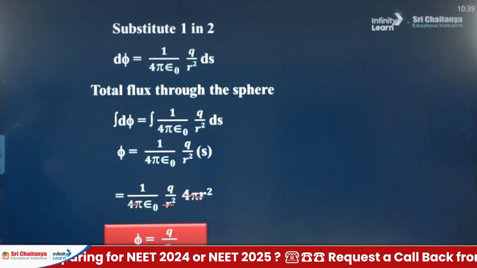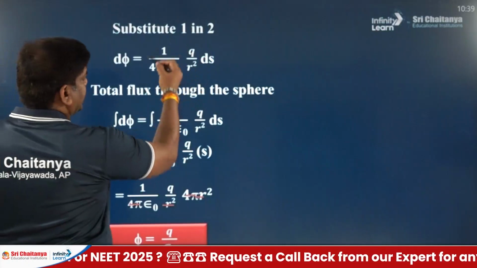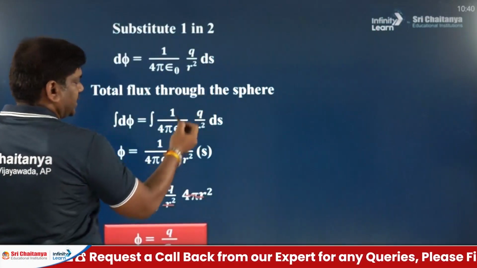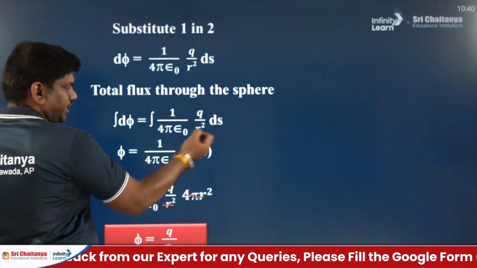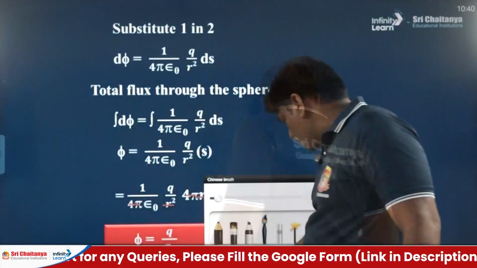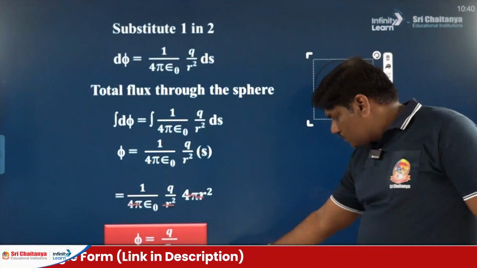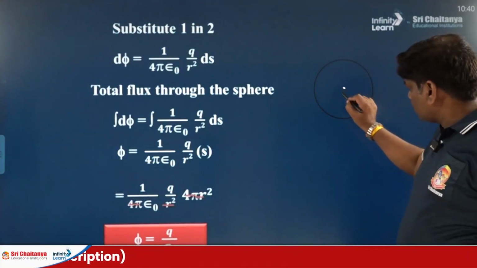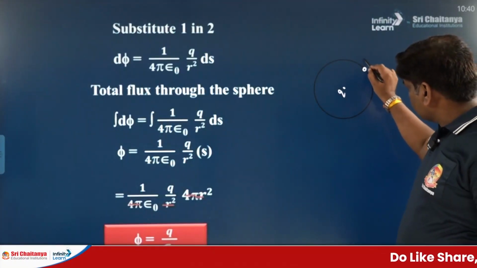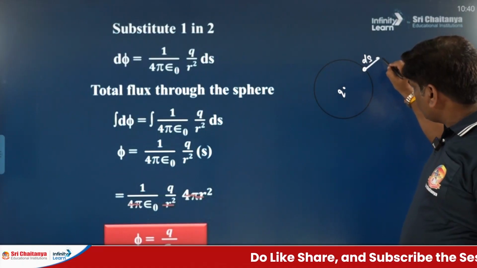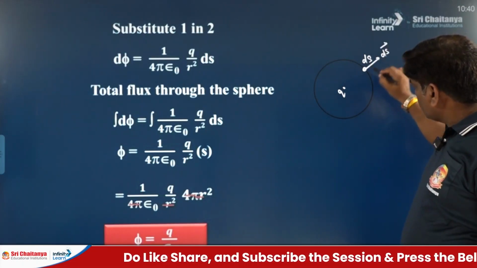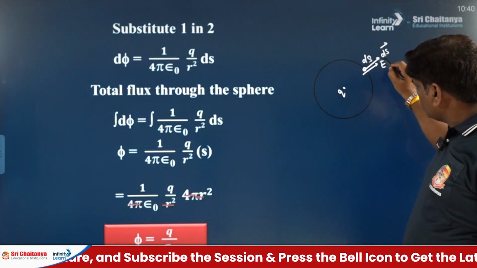In the next slide, you will see this E dot ds, where I just put this value and ds. For this surface, we have chosen this spherical surface, and this is the charge. This ds vector will be outward, as well as this field is also outward.